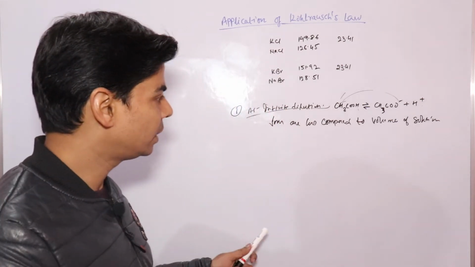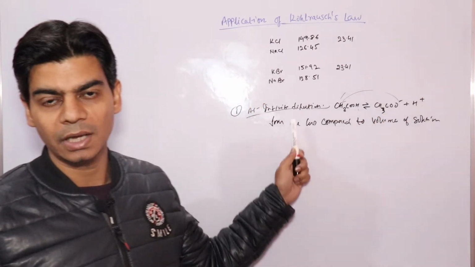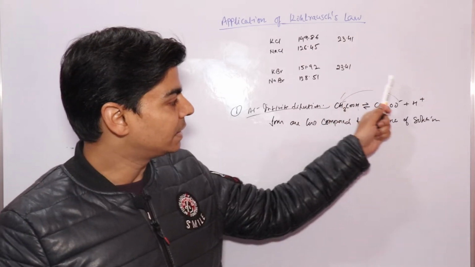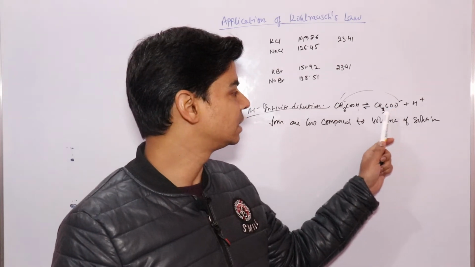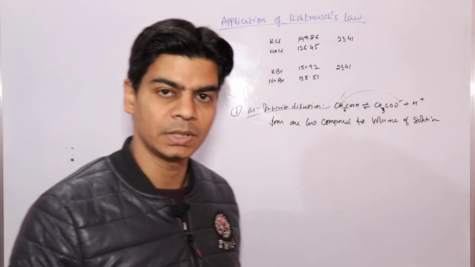So the conductivity of acetic acid could not be measured at infinite dilution because of the small number of ions, or because acetic acid is not completely dissociated. It always exists as ions as well as molecules because of this reversible reaction.